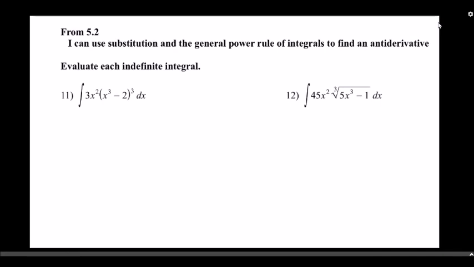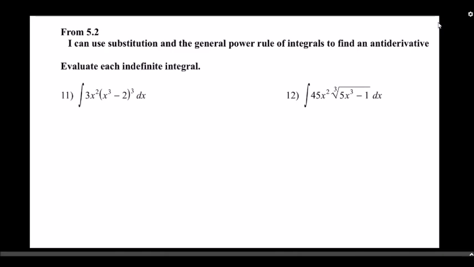Now 5.2, we started looking at some more difficult techniques of integration, still applying the power rule, but now we started doing the backwards chain rule, I guess you could say.